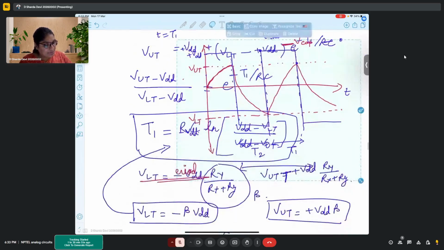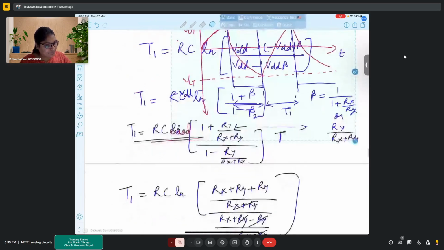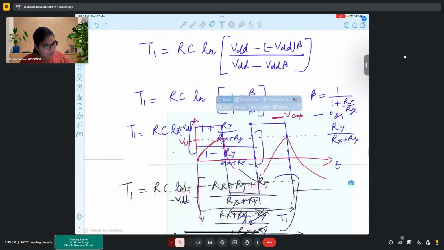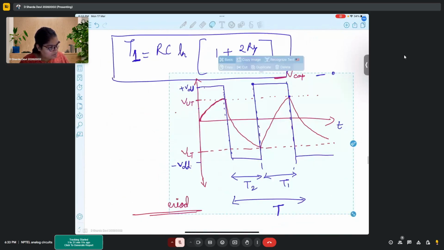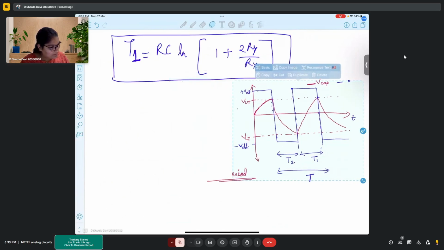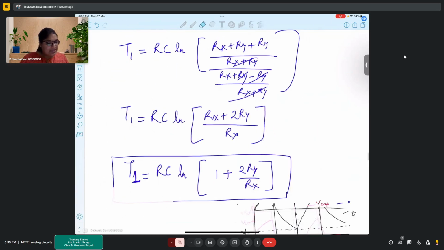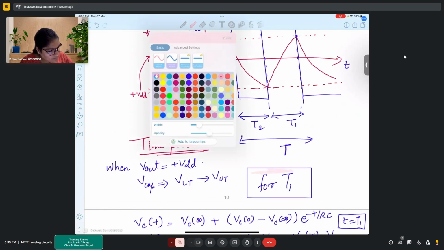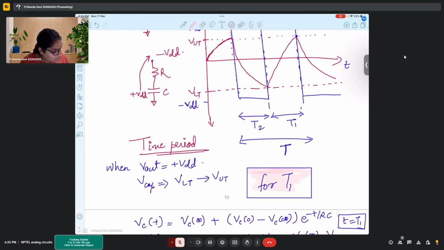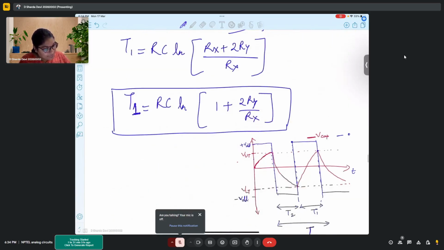Now let us quickly calculate T2 also so that we can find the complete T. Yes, this is what we did for T1. Now let's quickly calculate for T2.